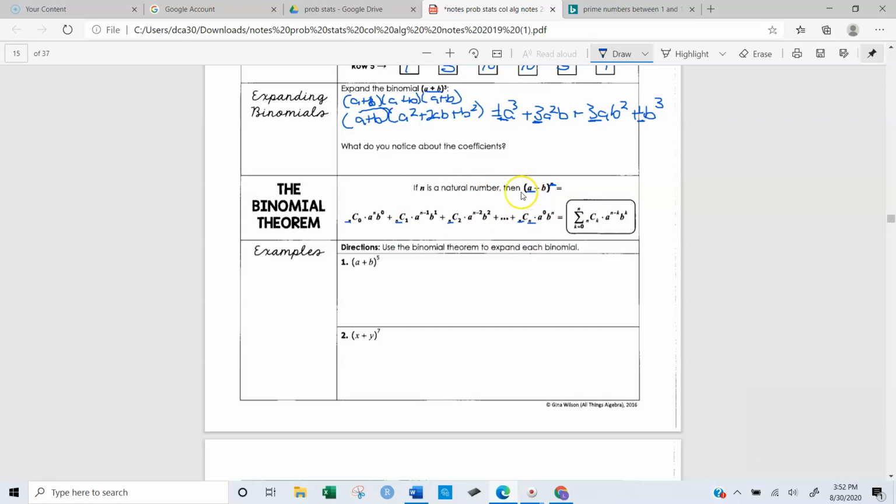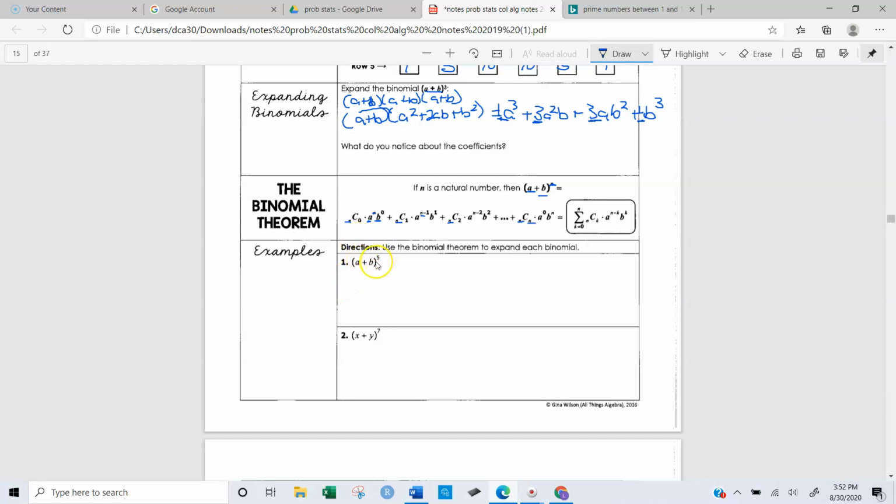You take the first term, the a, and it goes in descending order, from n down to 0. And then b, the second term, goes in ascending order, from 0 all the way up to n. All right, let's try one together, and then you're going to do one.